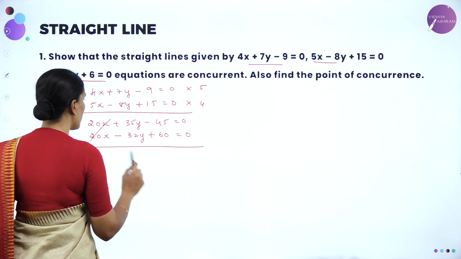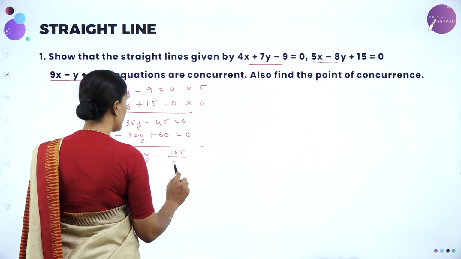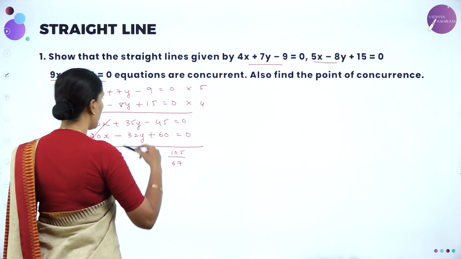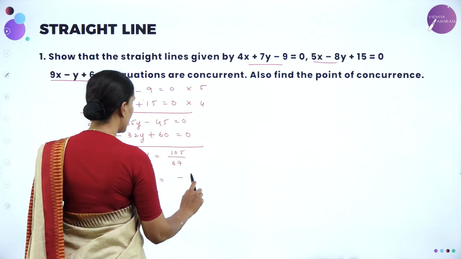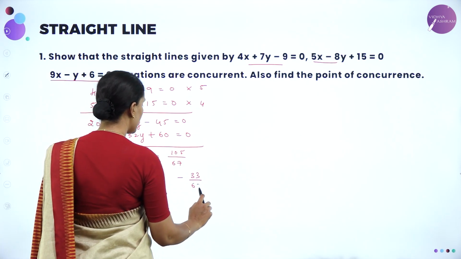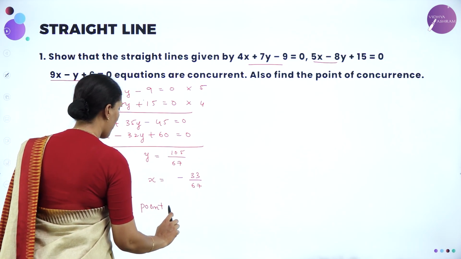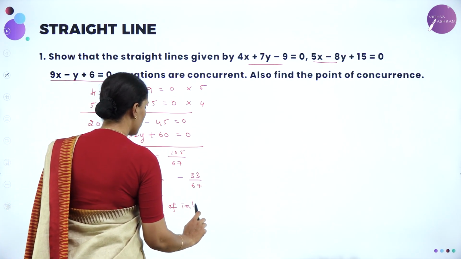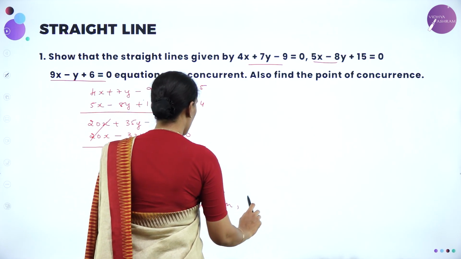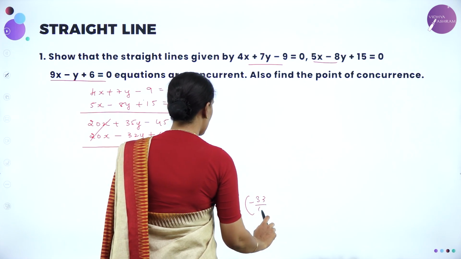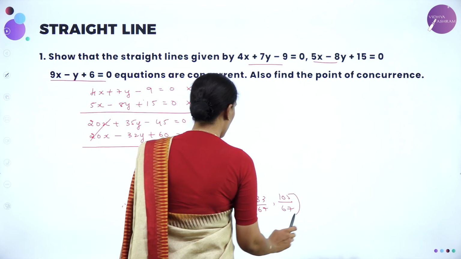So solving this, we will get y equals 105/67. Now substitute in any one of the equations, the value of x will be equal to -33/67. So therefore, the point of intersection is (-33/67, 105/67).